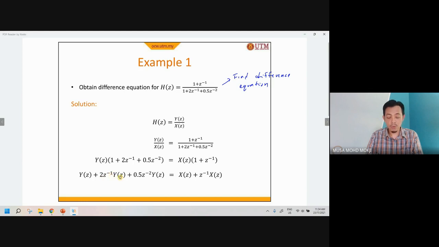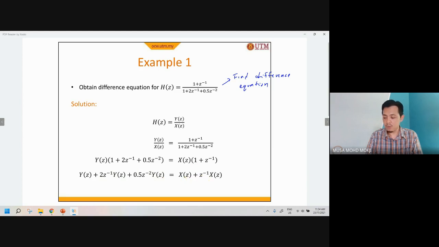So it means that our y[n] in this part will be delayed by 1 and multiplied by 2. This is just multiplication. And this Y(z), when converted back with the inverse Z transform, we get y[n] delayed by 2. And the same thing goes for X(z).